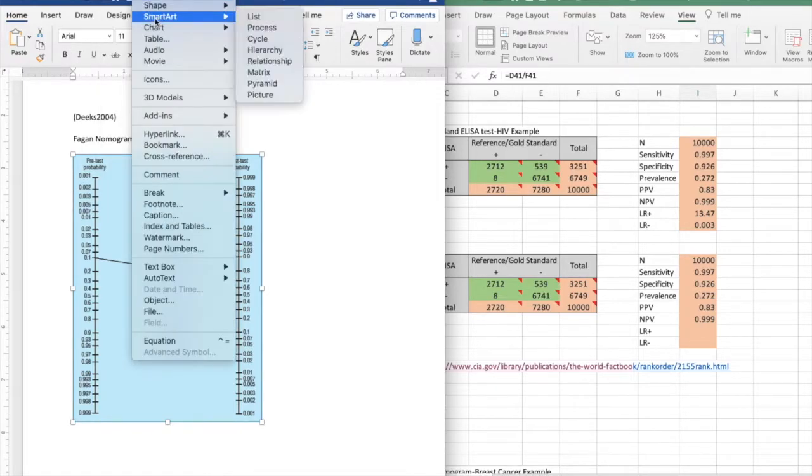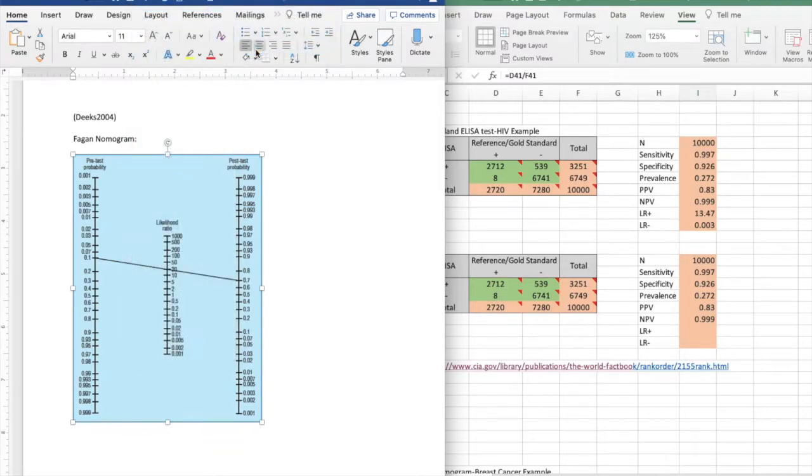I'm going to insert a line. Our pretest probability is 0.272, so between 0.2 and 0.3, somewhere about here. And then I'm going to cut through. Our likelihood ratio is 13, so that's somewhere up here.